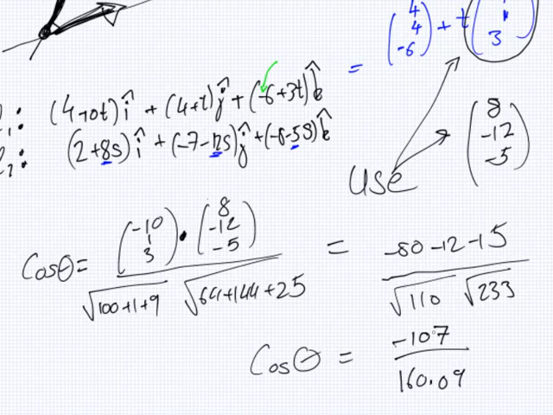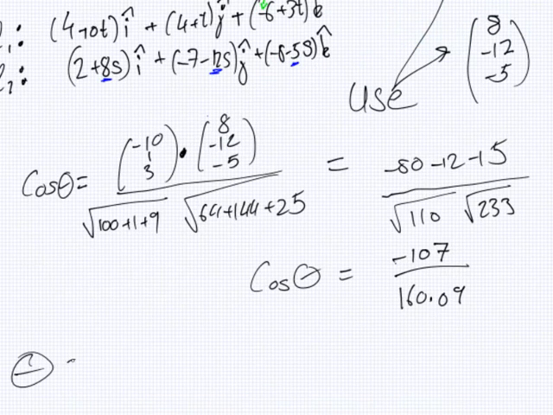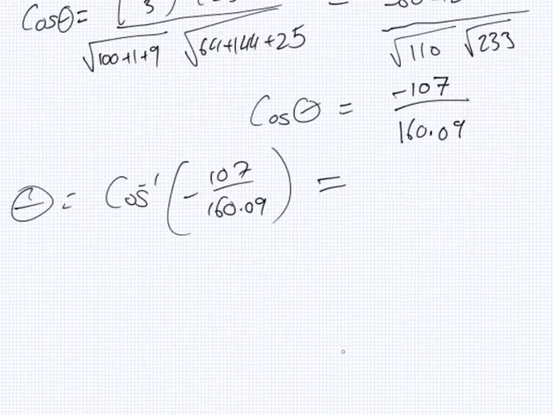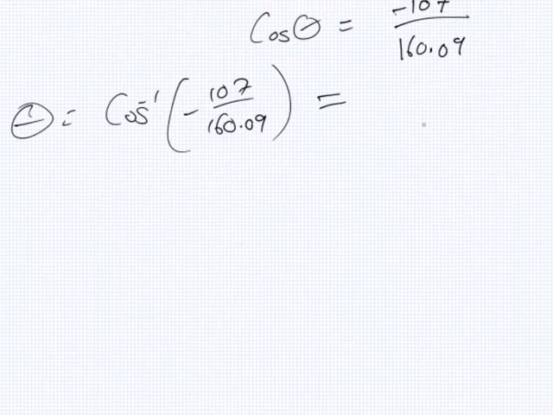You typed it in wrong. Yeah, minus 107. So the angle theta between the lines is cos inverse of minus 107 over 160.09. What do you get there? 132.